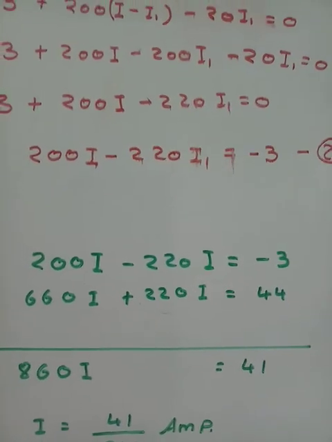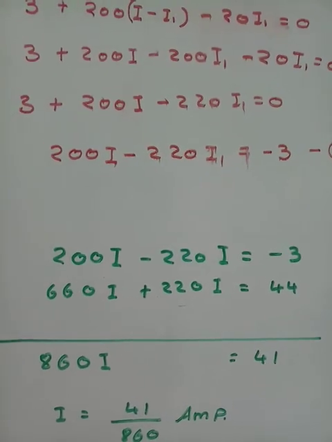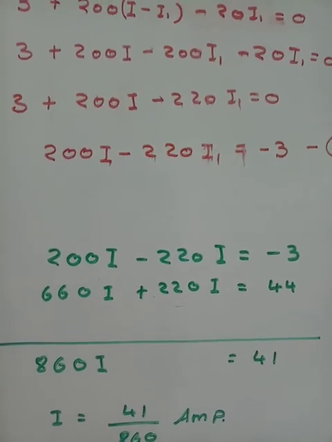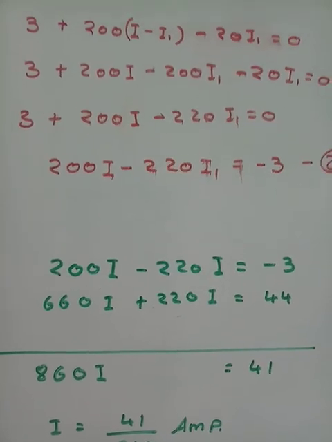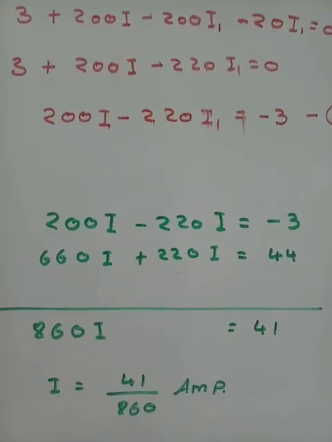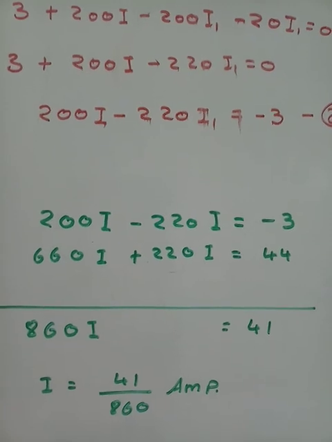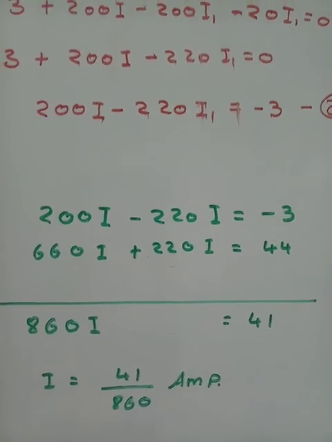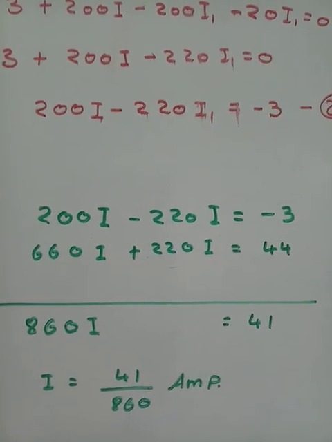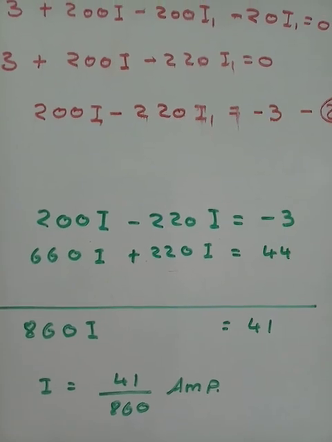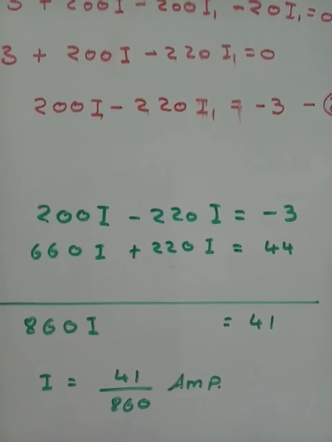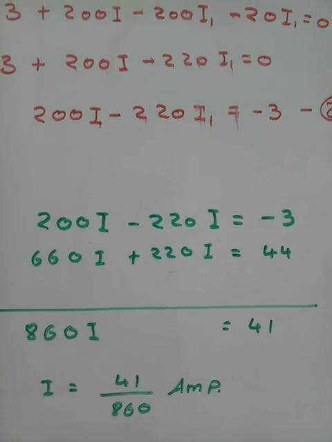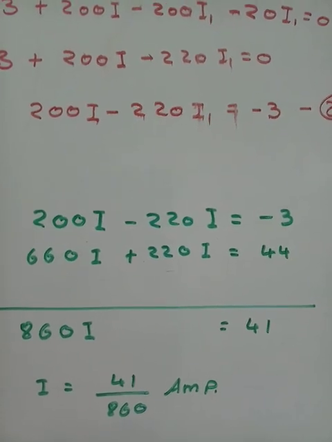And when I solve it, this is what I get: 44 minus 3 is equal to 41, and 660 plus 200 is 860. And so current I is equal to 41 by 860 ampere. Now I will put this value of I in any one of the equations to get the value of I1.